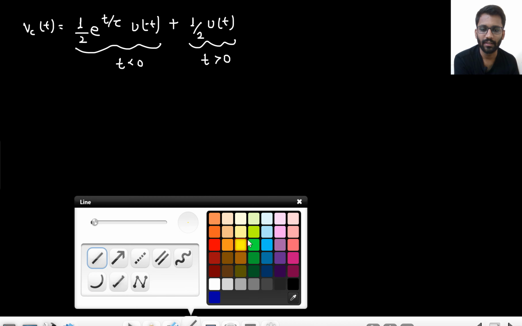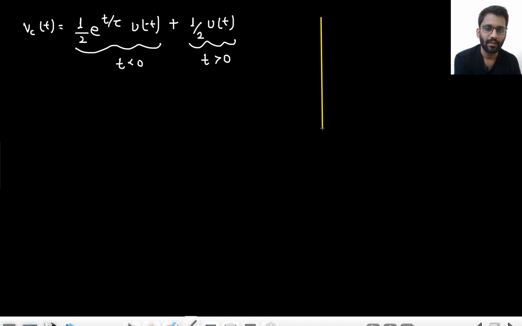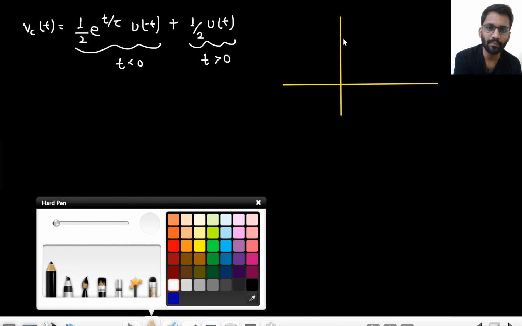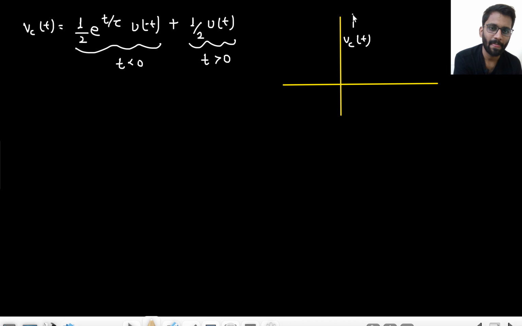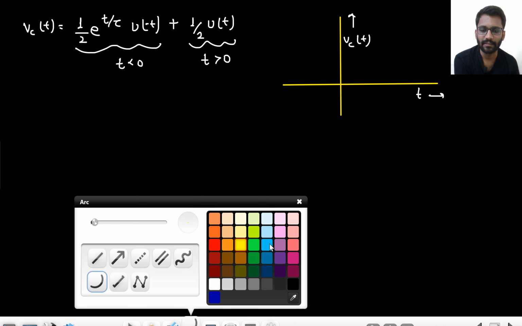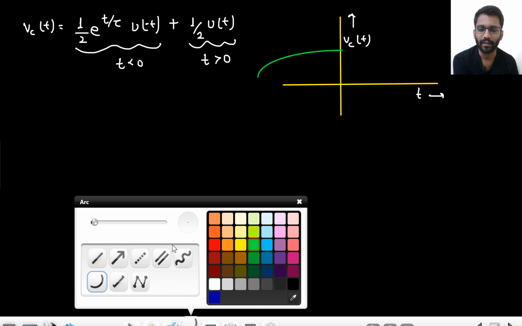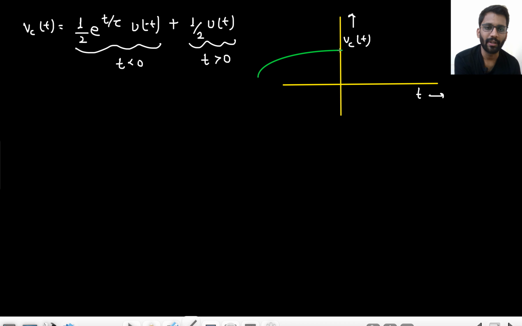Let me draw the waveform as well so that it will be more clear to you. So from minus infinity it starts and goes till 2 volt and then 1 by 2 volt and then just remains there, right?